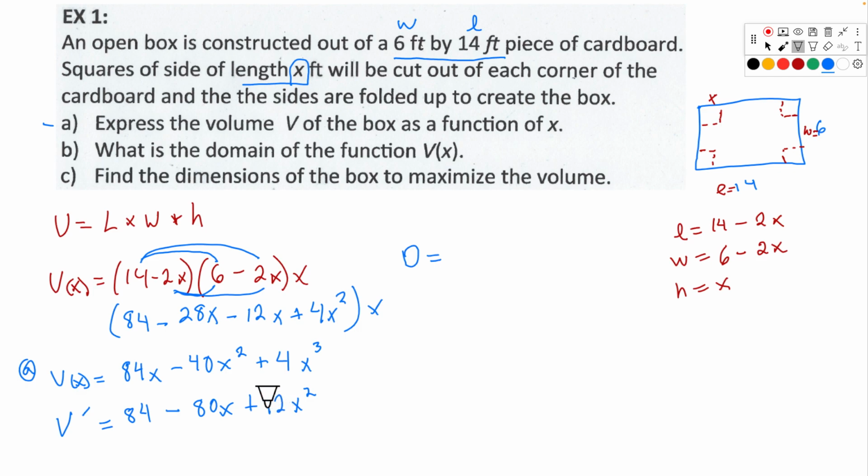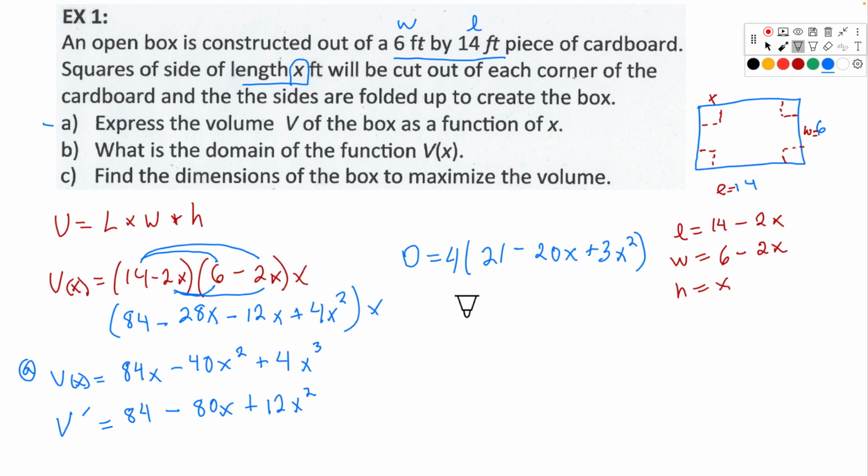Okay, that'll work. So I can factor out a 4 from each of these, and that will leave 21 minus 20x plus 3x squared. And then we could divide both sides by 4, so we got something smaller here.